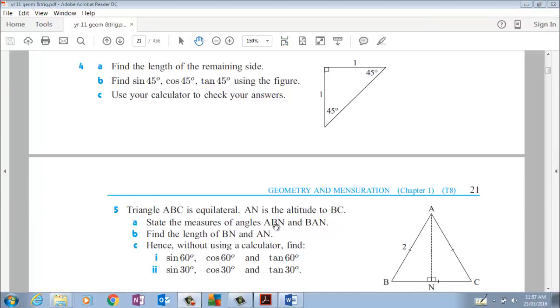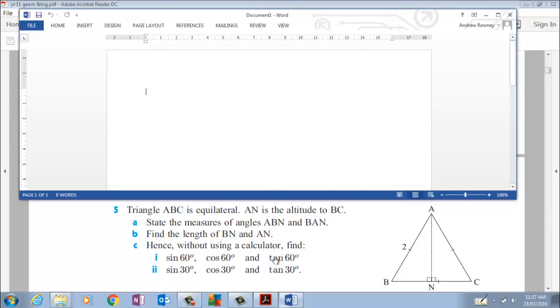Okay, now question 5 is looking at an equilateral triangle. We're going to draw the triangle in.